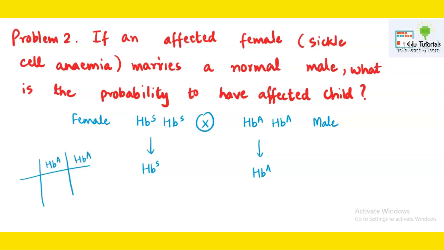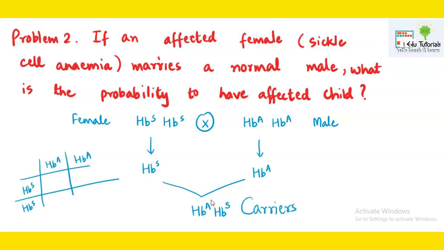So to avoid redundancy or repetition of results, in the case of homozygous alleles we generally take only 1 allele because the results will be similar. In this case, all the individuals born in the F1 generation will be carriers, right? So 100% of offspring in such a case will be carriers.